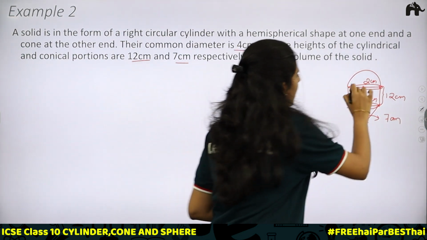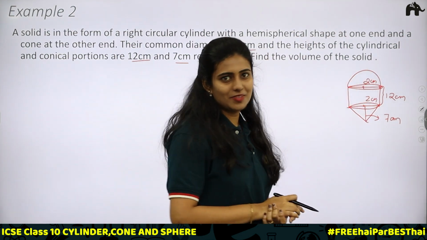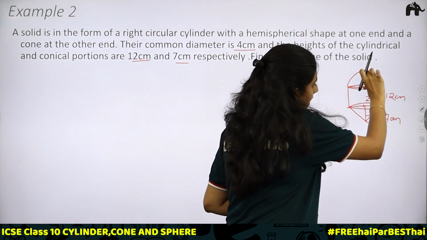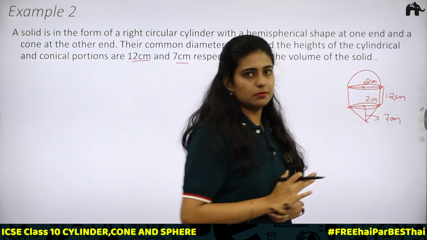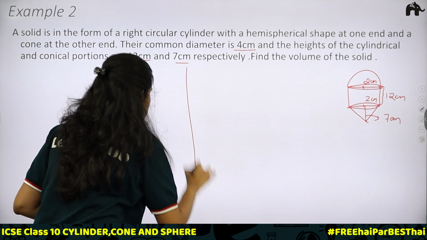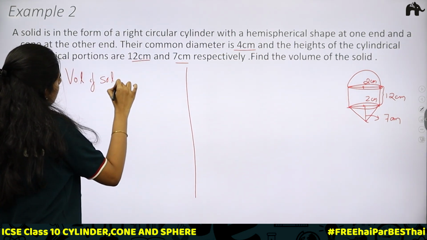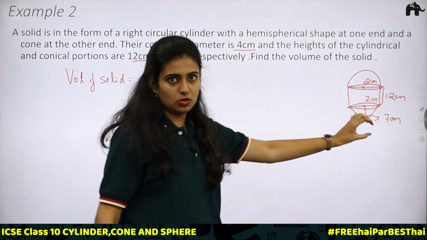Height of the hemisphere is not given. Do we have height in case of hemisphere? No, right? To find the volume of hemisphere, we don't need the height because here again the height will be the radius of the hemisphere. Okay. Now, what is the total volume of solid? Volume of solid will be equal to, here we have 3 solids included.